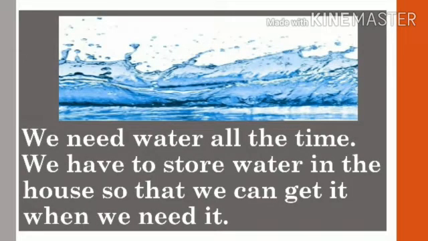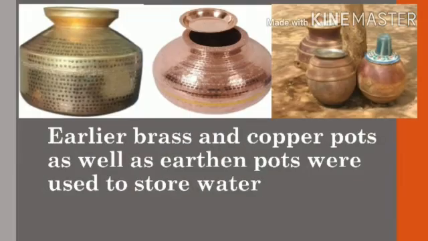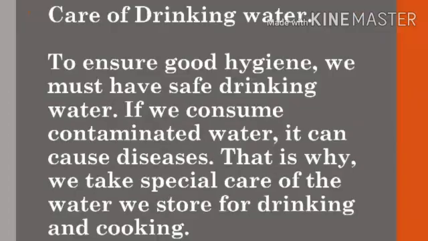We need water all the time. We have to store water in the house so that we can get it when we need it. Earlier, brass and copper pots as well as earthen pots were used to store water.